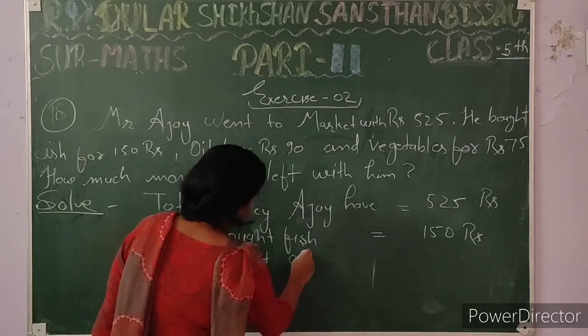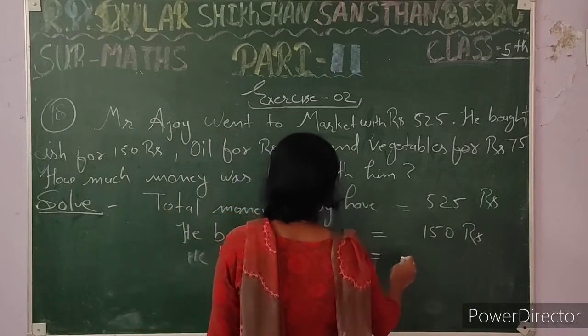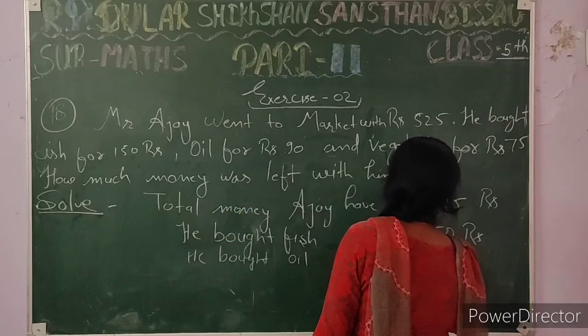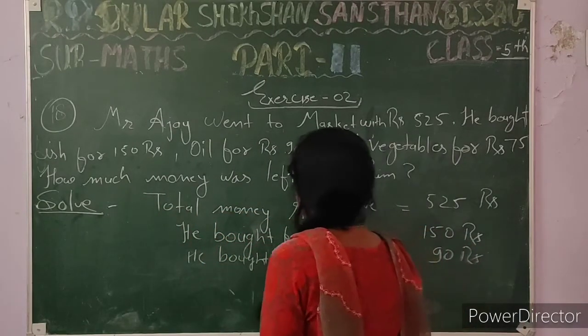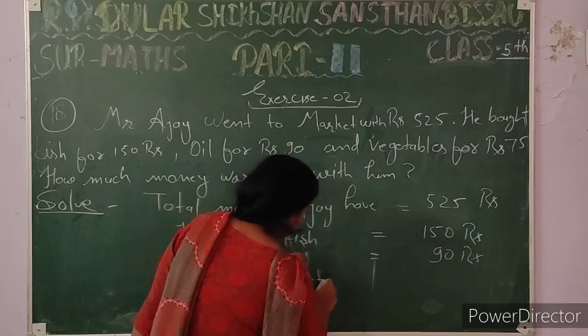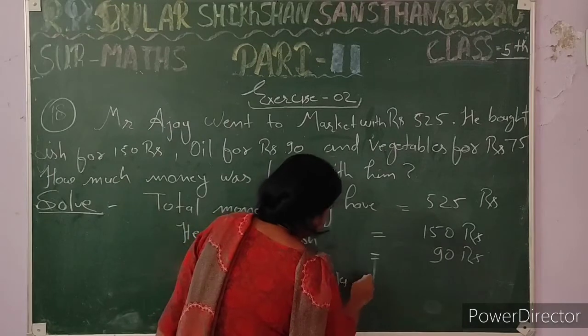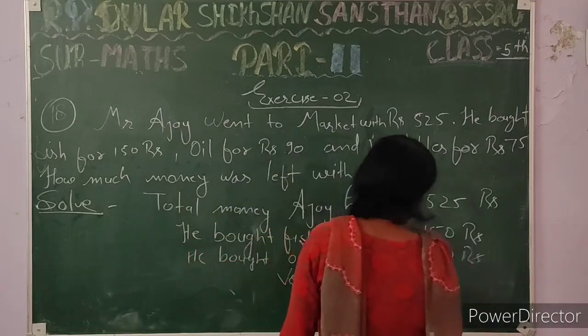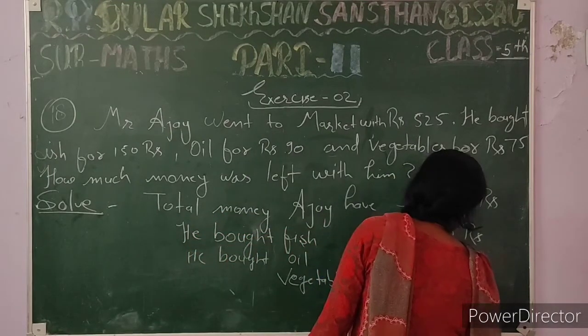He bought oil is equals to 90 rupees, and vegetable 75 rupees.